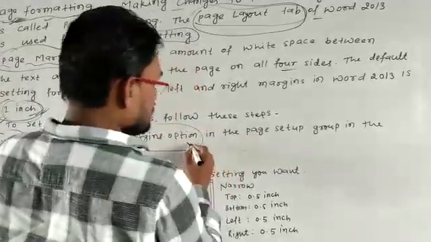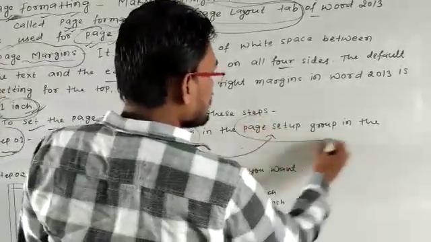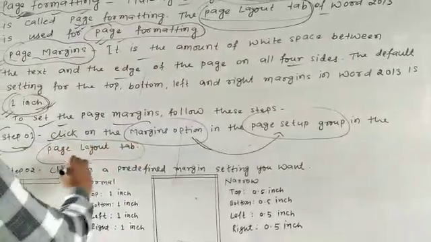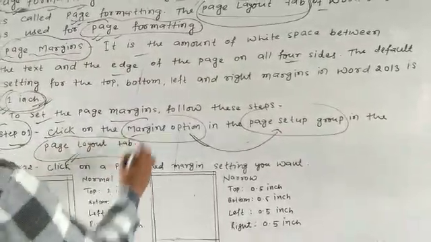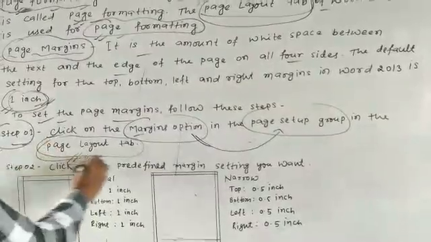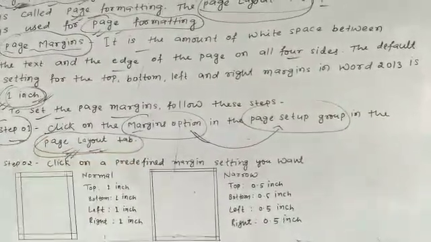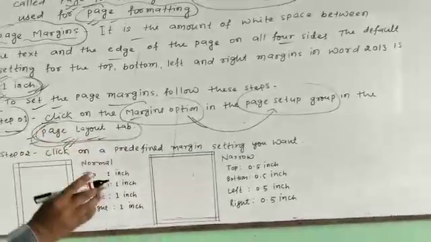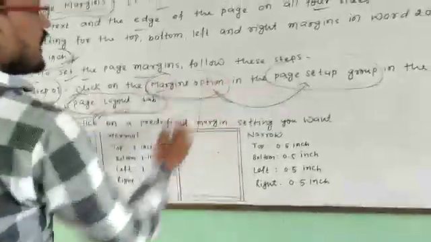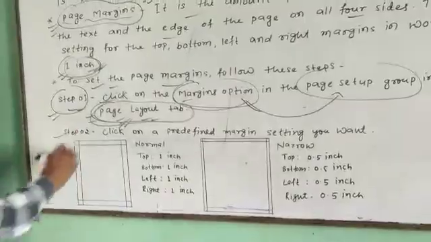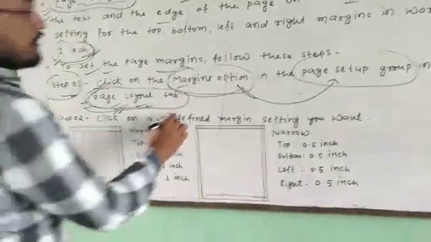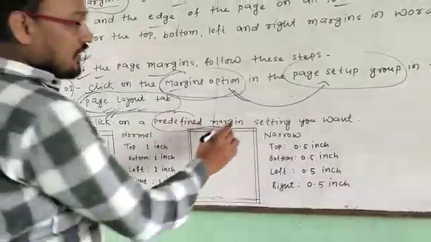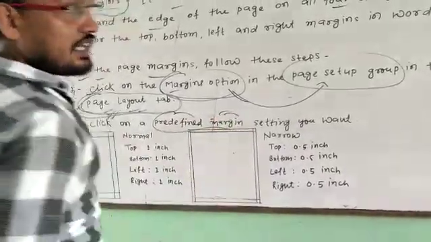The Margin option is available in the Page Setup group in the Page Layout tab. So first go to the Page Layout tab, then select the Margin option, and now click on a predefined margin. Many predefined margins are available in this area.